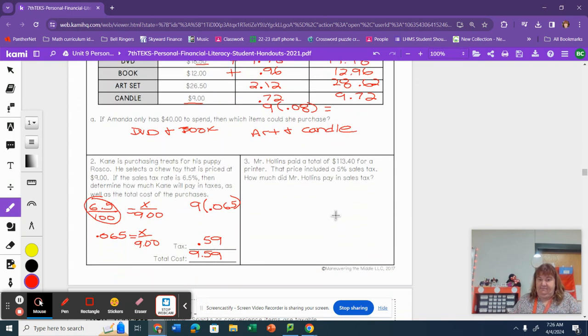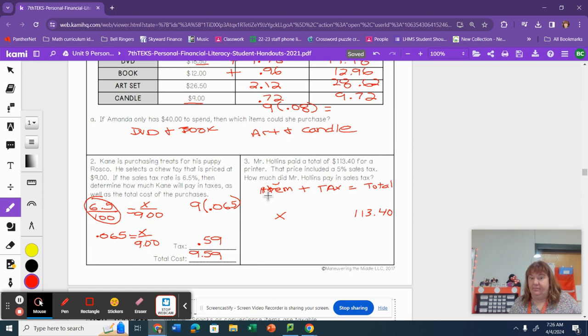So the item plus the tax equals the total. Okay? We know he paid a total of 113.40.